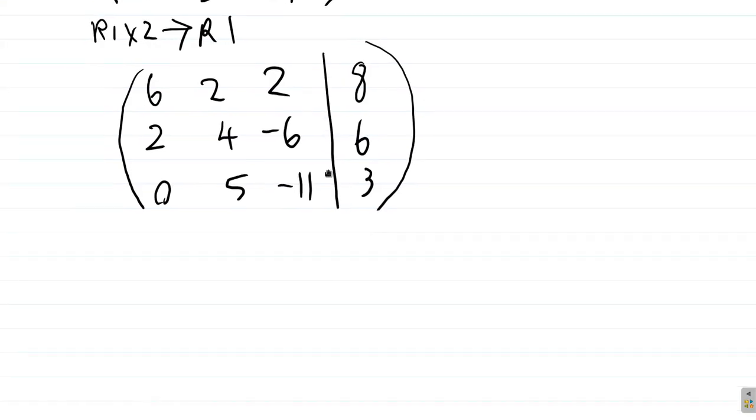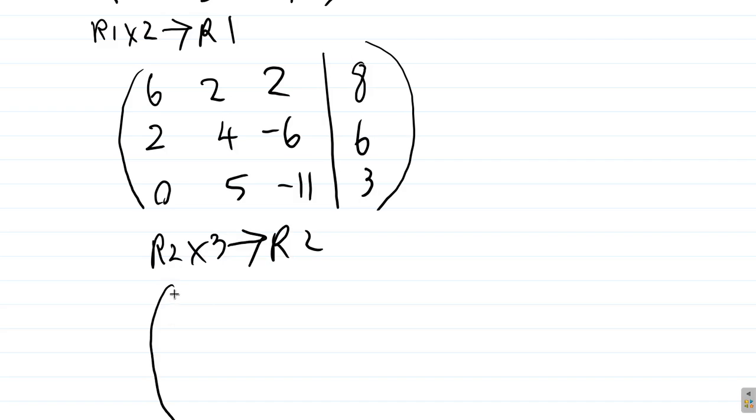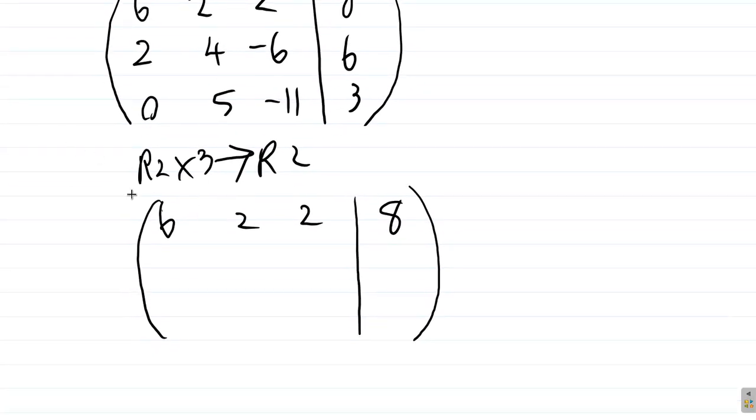After that, we multiply row 2 by 3 to lead to a new row 2, alright? So we keep our row 1 as 6, 2, 2, 8. We're not going to change row 3. We keep row 3, 0, 5, negative 11, 3. But it's row 2 that we're going to change. Multiply row 2 by 3.